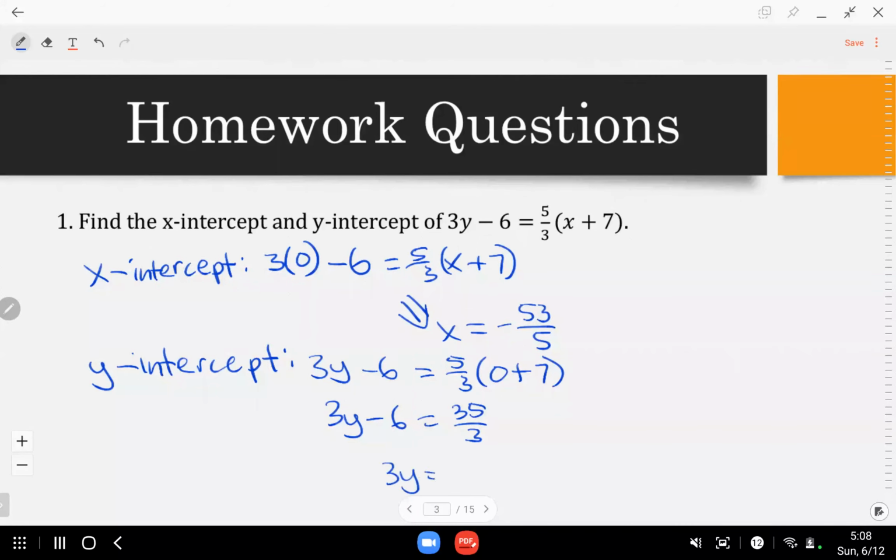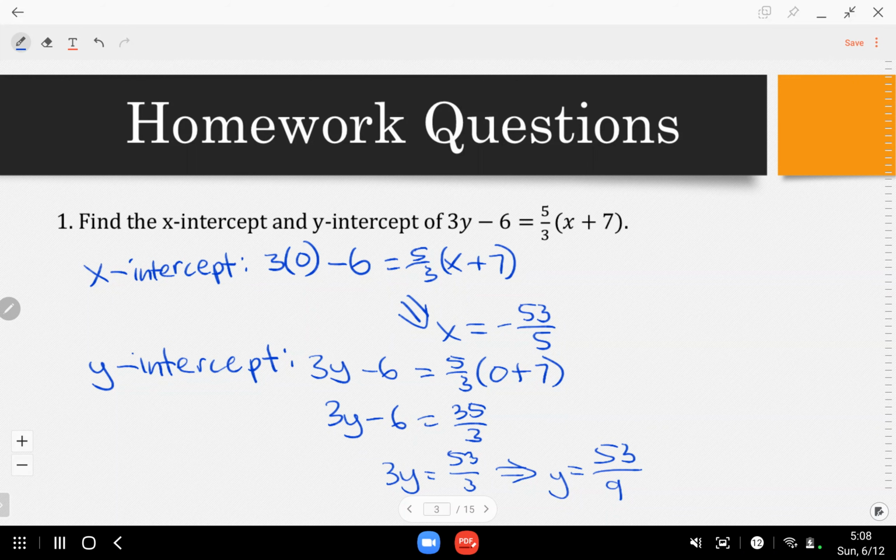So 3y equals 53 over 3. And then we move the 3 to the other side. So y equals 53 over 9. All right, very good. So the x-intercept is -53 over 5, and y is equal to 53 over 9.